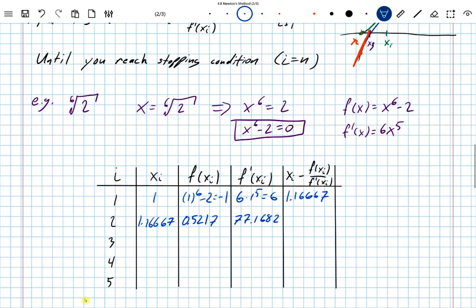Next up, we need to take x2, this 1.1667, minus all these together, and we should get something a little bit smaller than 1.1667, and we do. We get 1.12644. There we go. Great. We're going to do this again; this number becomes our x3.